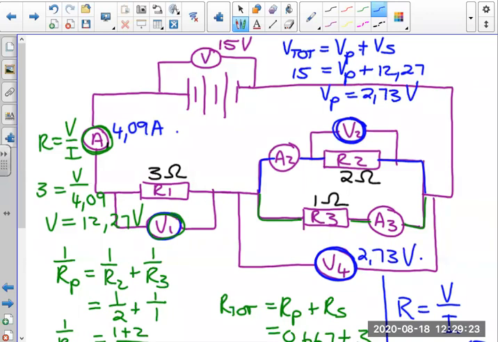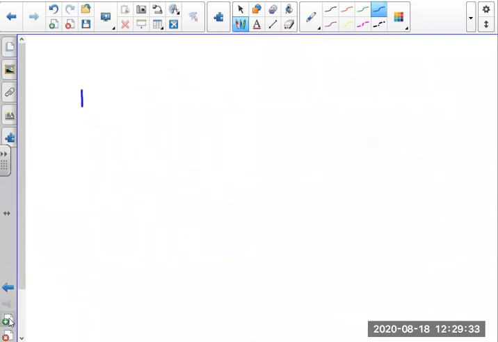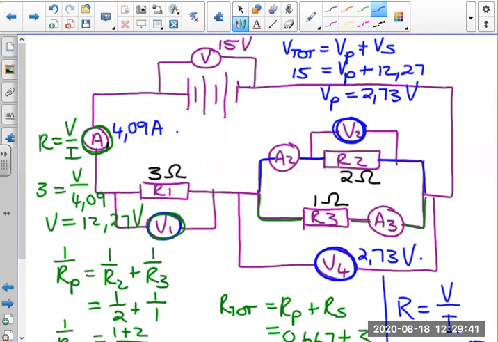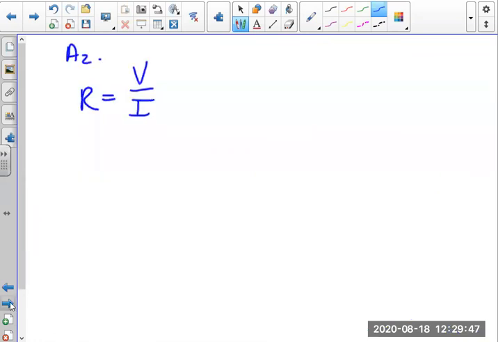Now they can ask you to work out A2 and A3, where we just use R equals V over I. For A2, the resistance is 2 ohm and the voltage is 2.73.